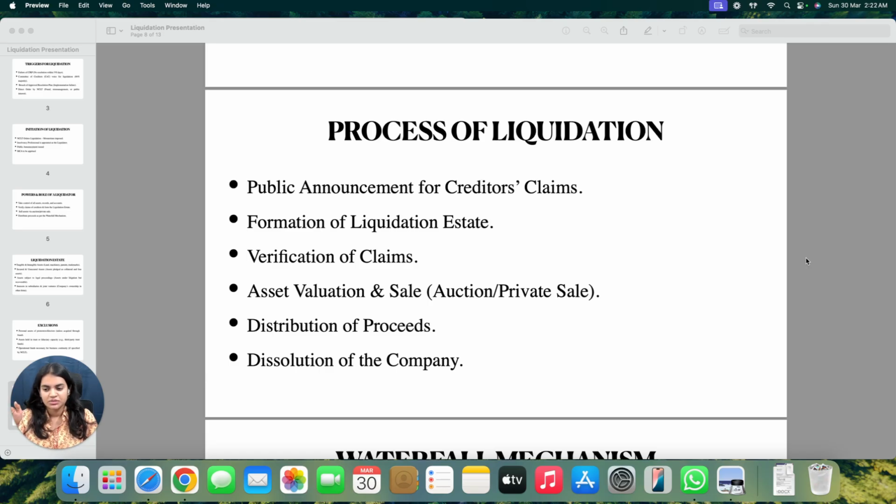It could be a physical property or it could be any contract which is unprofitable to the corporate debtor, and disclaim such an asset. Once such disclaimer is made, then that particular asset will no longer be considered as part of the liquidation estate.